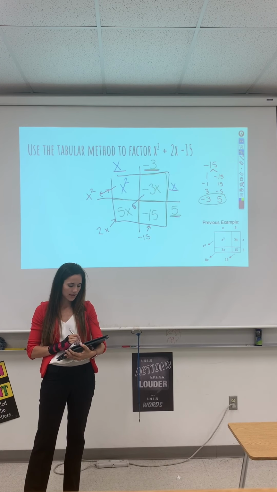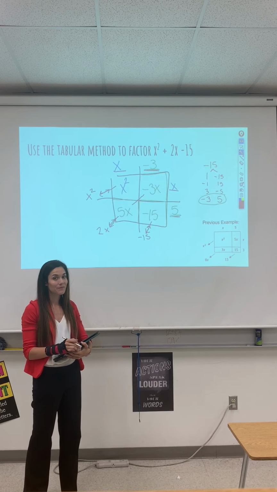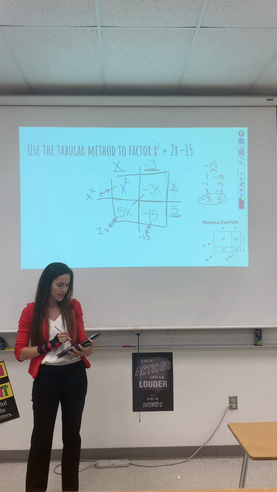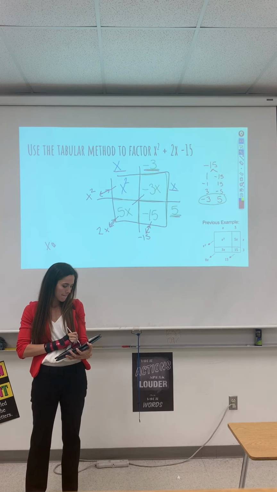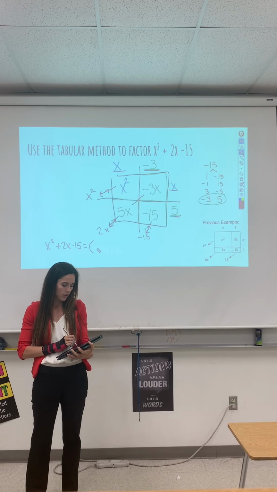Negative 3x combined with 5x will get me 2x. And negative 15 remains negative 15. So this shows us that x squared plus 2x minus 15 is the product of the quantity x minus 3 times x plus 5.